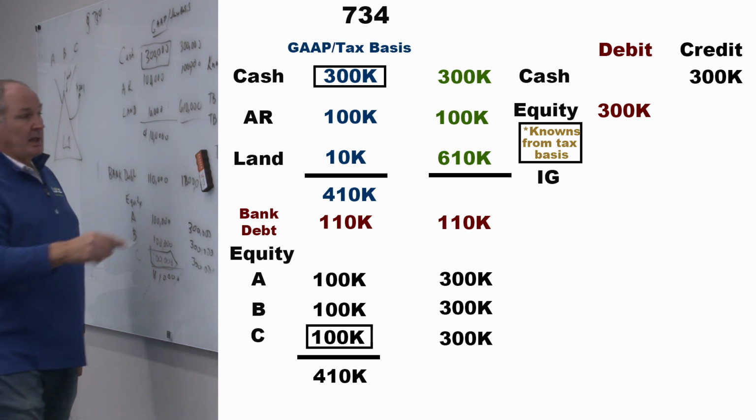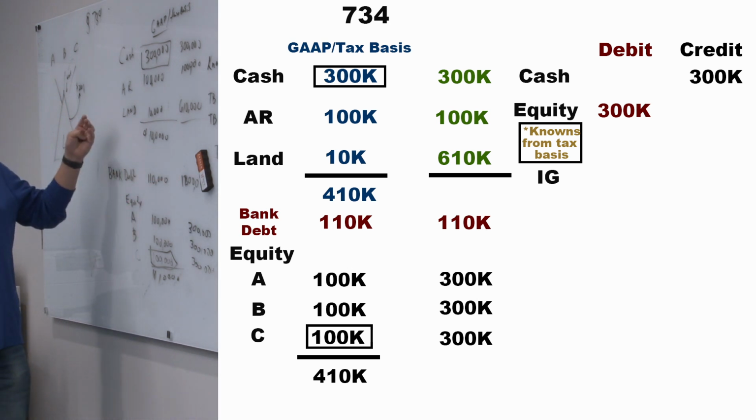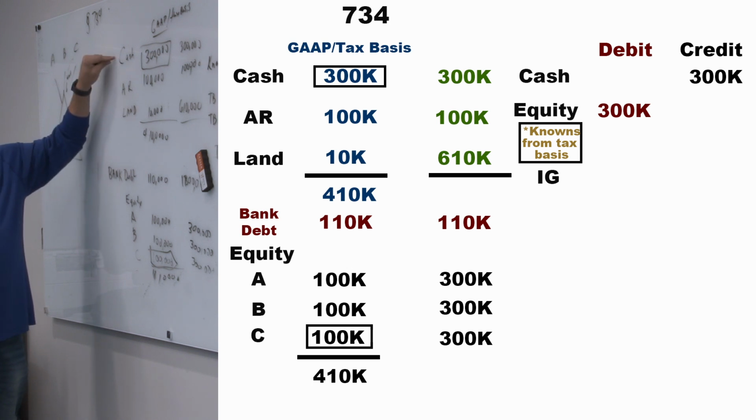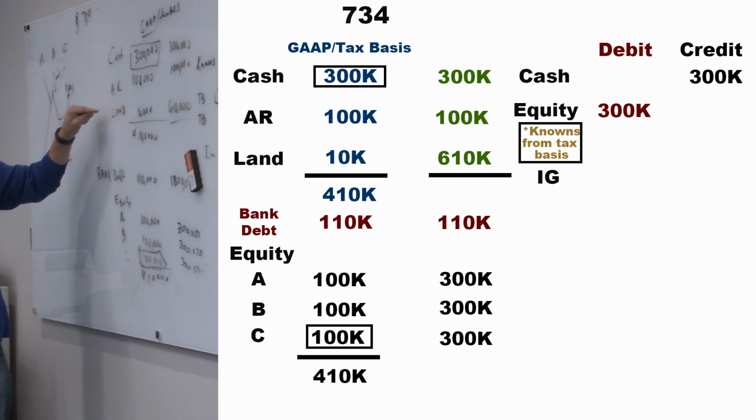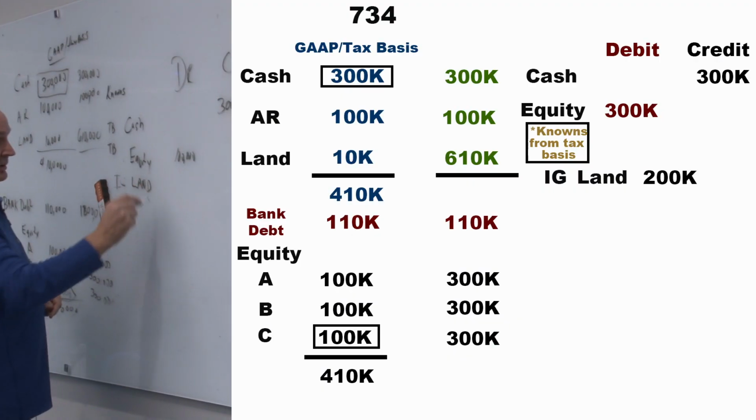So where is my inherent gain embedded? Is it embedded in my cash? No. Is it embedded in my AR? No. Is it embedded in my land? Yes. So my dangling debit is land.